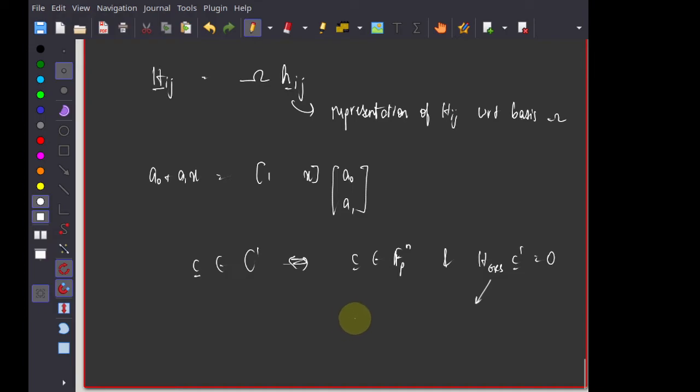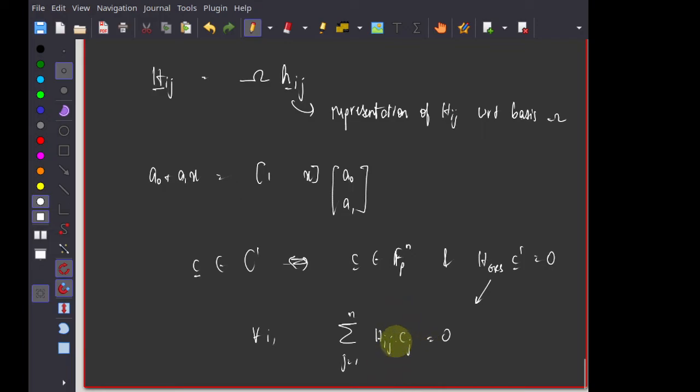But what does this say? This is summation over j equal to 1 to n of h_ij c_j should be equal to 0.